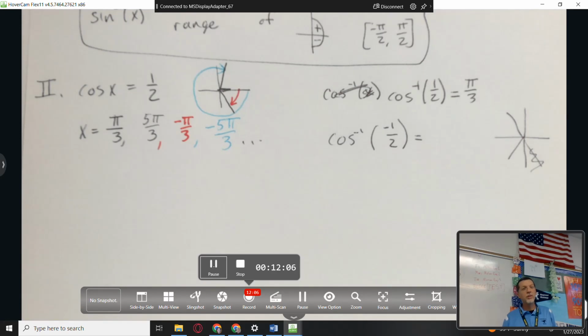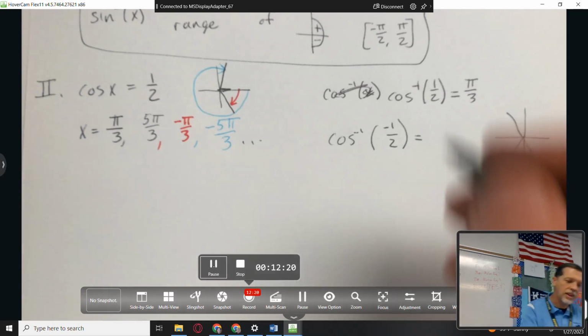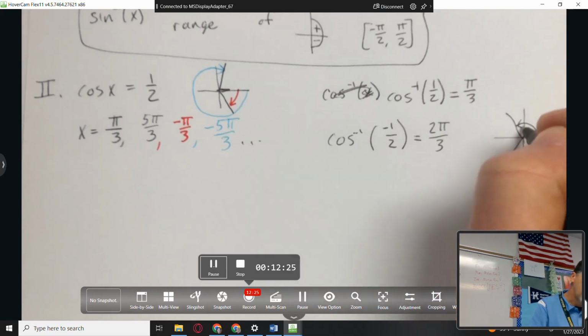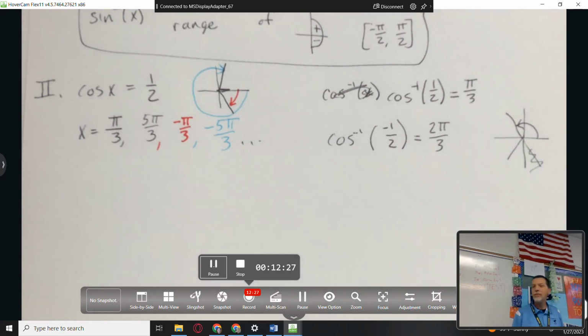So when the committee met, what answer do you think they decided should be the best answer for this question? 2 pi over 3. Right? Because why pick 4 pi over 3 if you could pick 2 pi over 3? And negative 2 pi over 3 works, but why would you pick the negative if the positive one works?